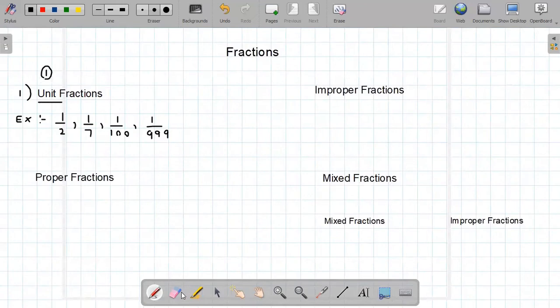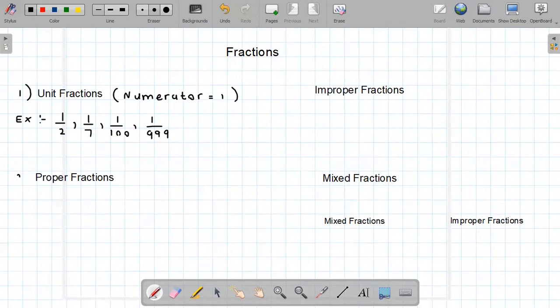So it means if in a given fraction the numerator is 1, the numerator equals 1 in all the unit fractions, right? So unit fractions means the fractions which have 1 as the numerator, right? So in unit fractions the numerator must be 1, right? That's called a unit fraction.